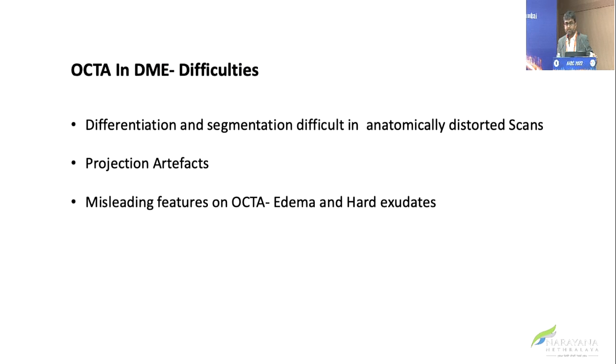Among the many difficulties when you are interpreting OCTA, the differentiation and segmentation is extremely difficult in anatomically distorted scans. So you need to really sit at the machine and see what's really happening. You can't really read a printout and say that okay, there's a non-perfusion. Projection artifacts again have to be kept in mind. There are many misleading features like SSPAM, wherein edema and hard exudates can give rise to a suspicion that there's a flow there.